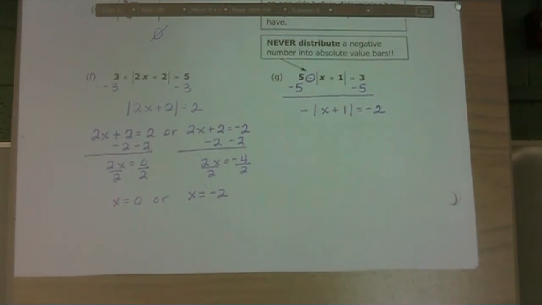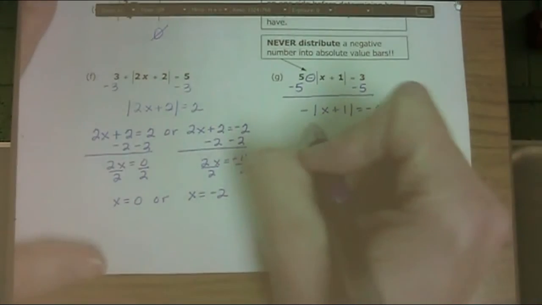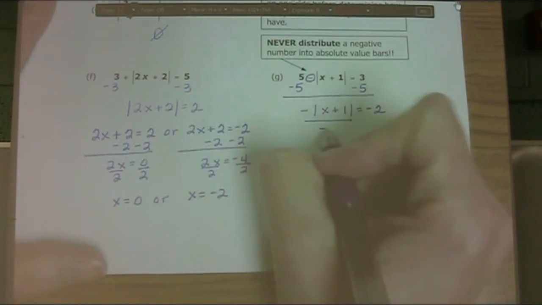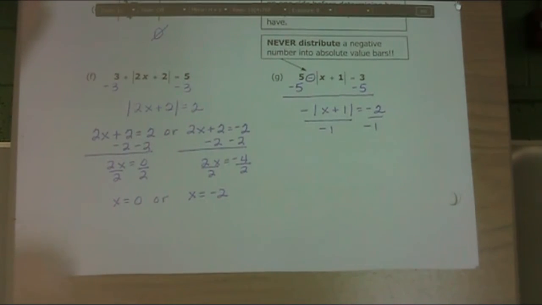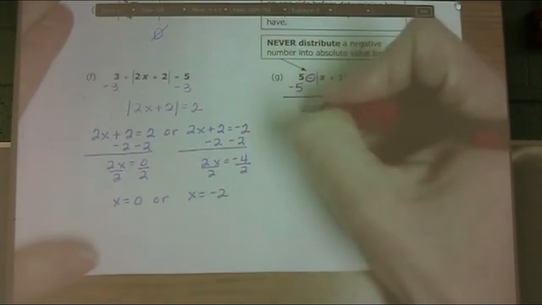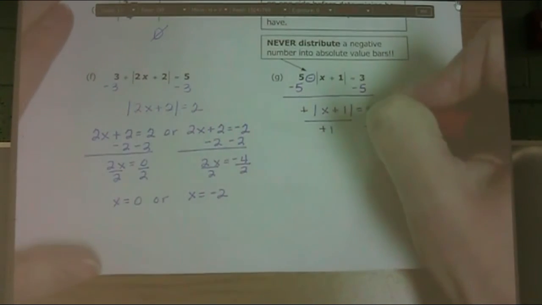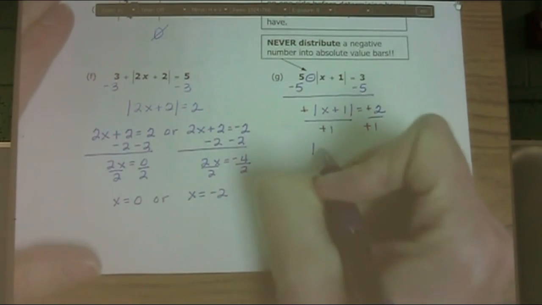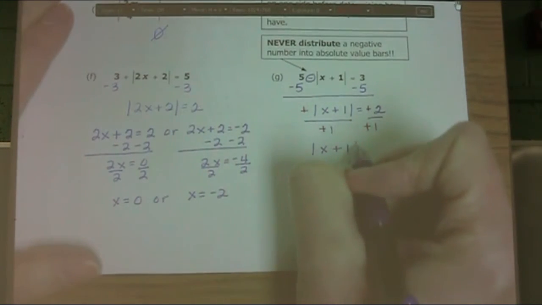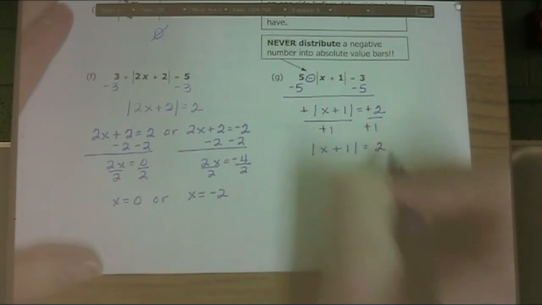What we have to do to get rid of this negative, because we still need absolute value all by itself, is we're going to divide both sides by -1. That's what's going to get rid of that negative. So now these cancel, and my equation here is absolute value of x plus 1 equals +2.